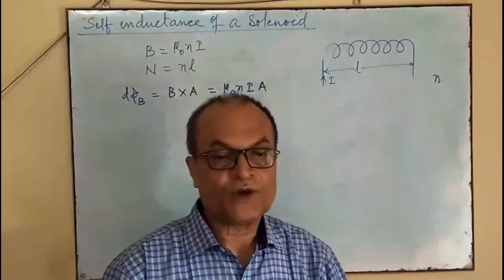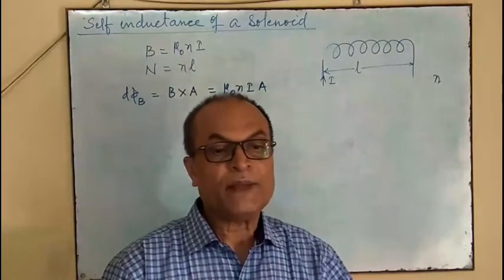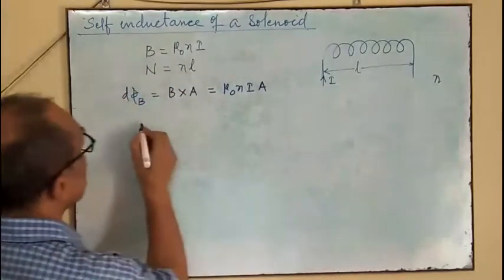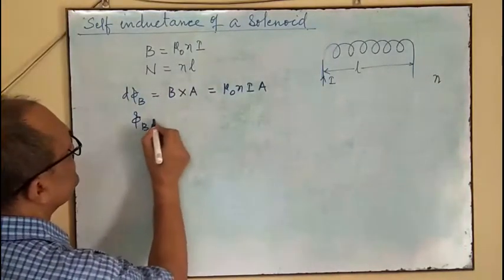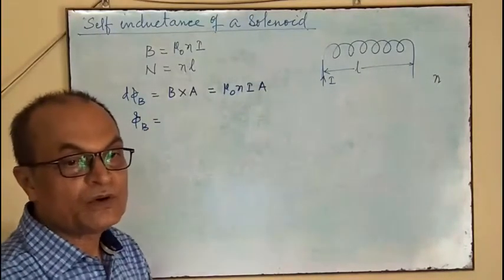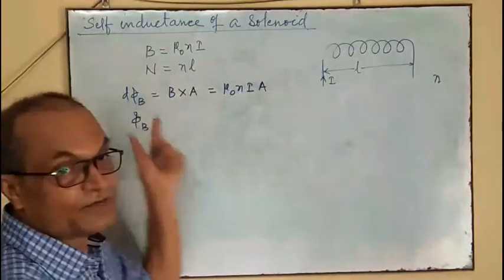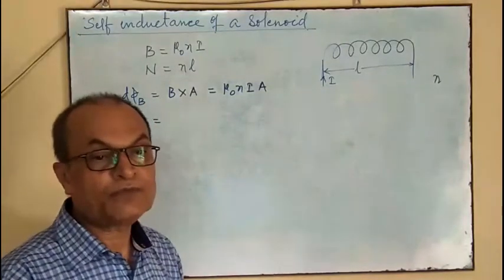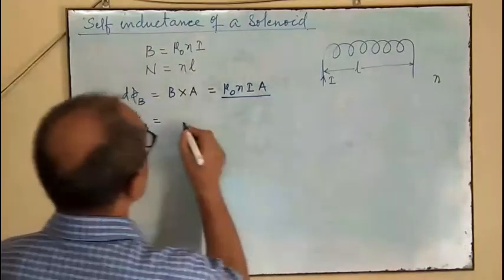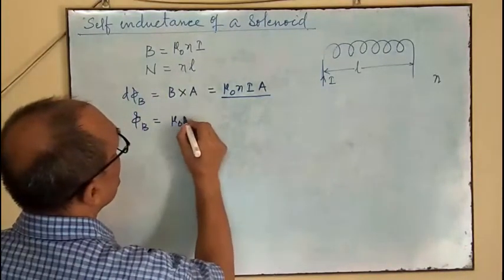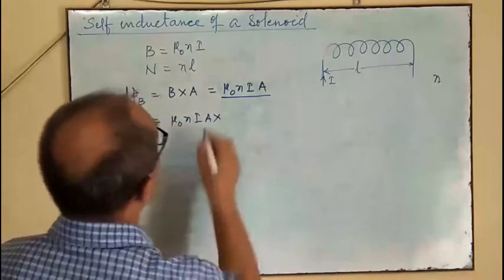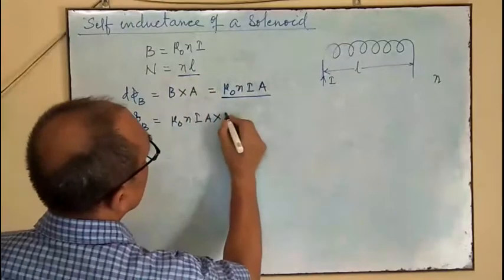Now we are going to find out the total magnetic flux linked with the whole solenoid. Suppose it is phi B. So phi B will be equal to this magnetic flux into the number of turns, that is mu naught n i A into the number of turns nL.